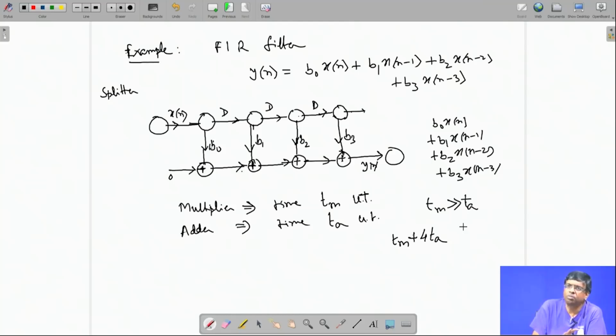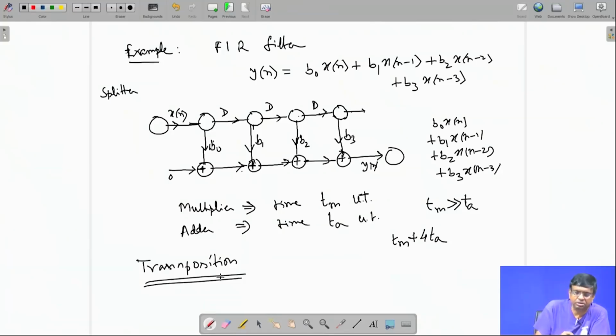So, in the case of signal processing graph, there is one technique called transposition. In the next class, in the next half, I will discuss transposition of SFGs.